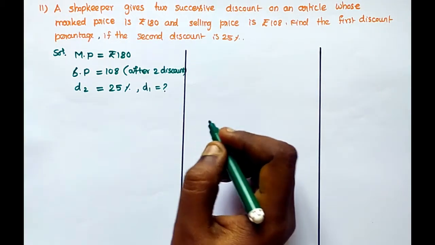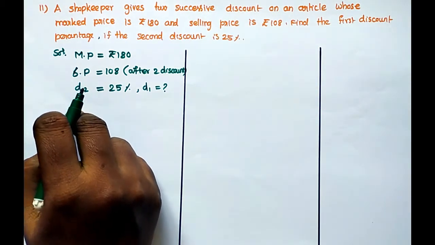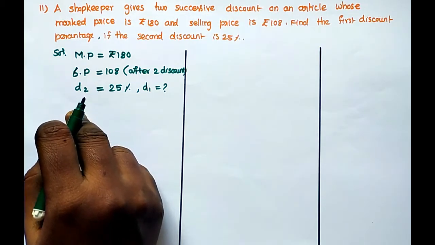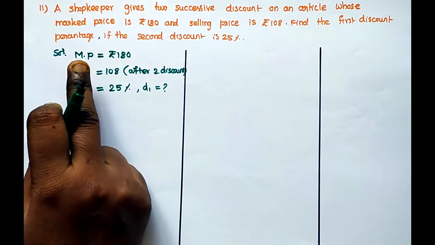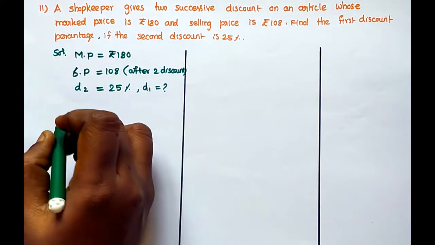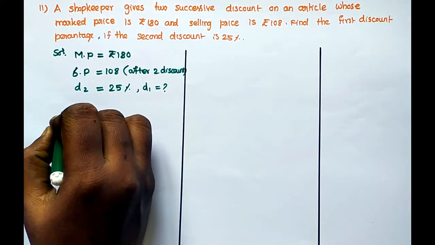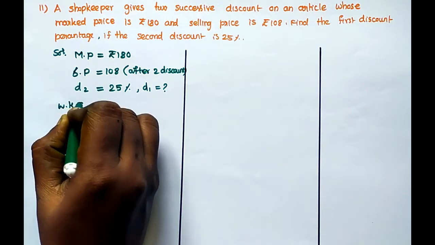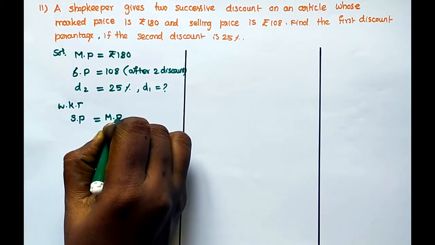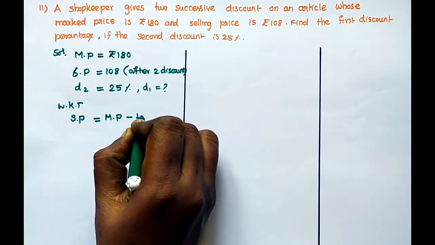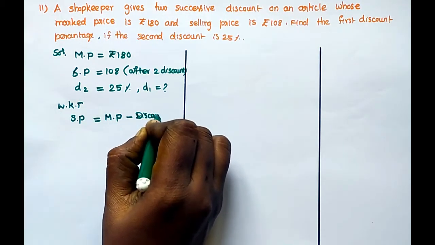That is the question. Listen, we know that selling price is mark price minus discount percentage. So we know that selling price equals mark price minus discount percentage.